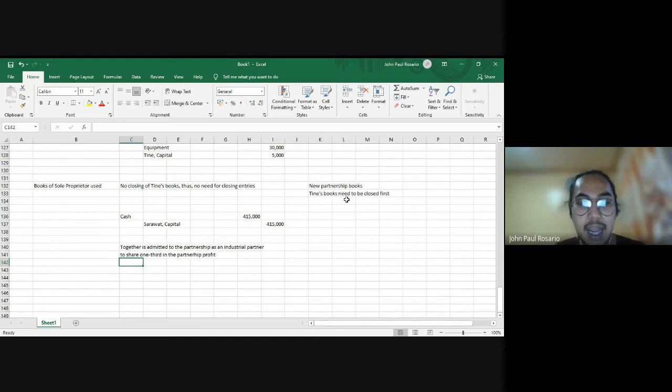And partnership sharing of profits, especially when there is no existing agreement on how to share, will be discussed in the second video to be uploaded on partnership operations. So for a capitalist partner, it is based on capital contribution; for an industrial partner, it is based on the equitable value of the industry or the service given. Okay?